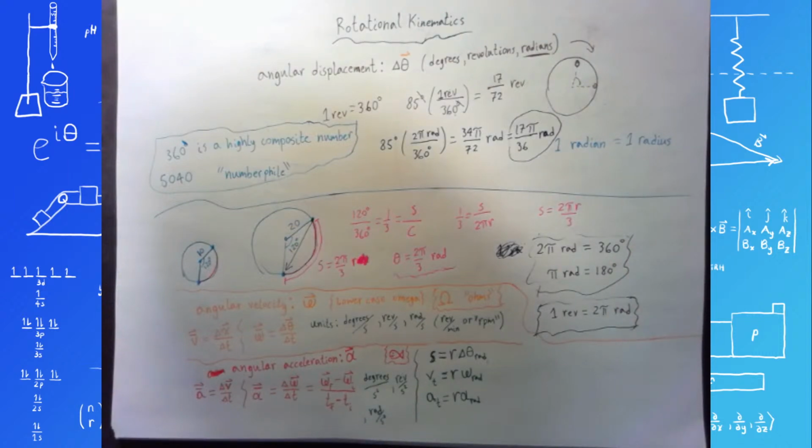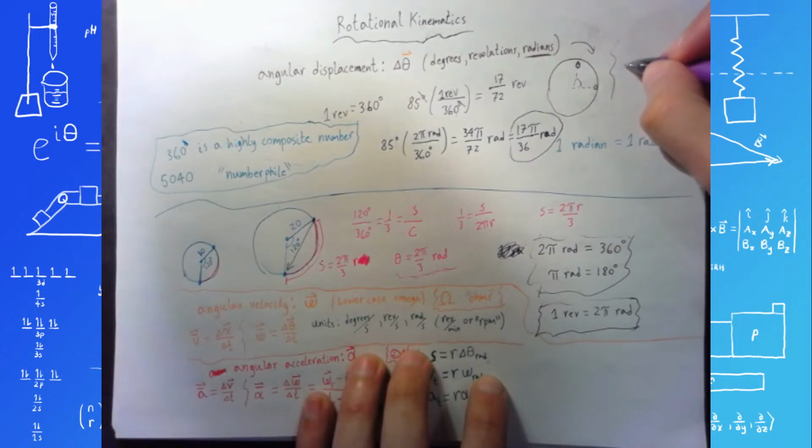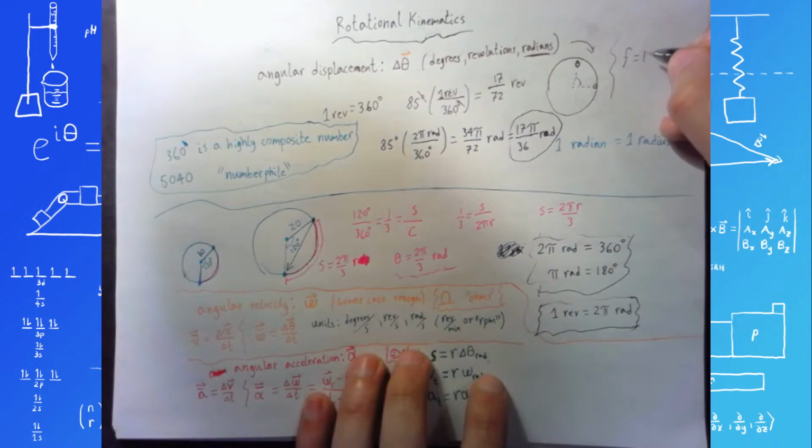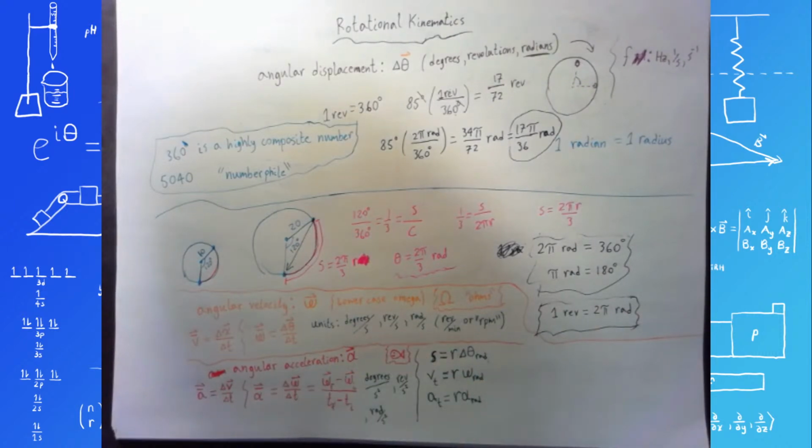It's kind of like we talked about frequency in the previous chapter. We talked about how frequency can be measured in units of hertz, which is also in units of just 1 over seconds, or seconds to the -1, or repetitions or cycles per second. Those repetitions or cycles are not actual units.